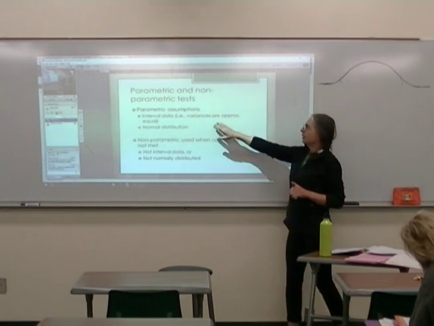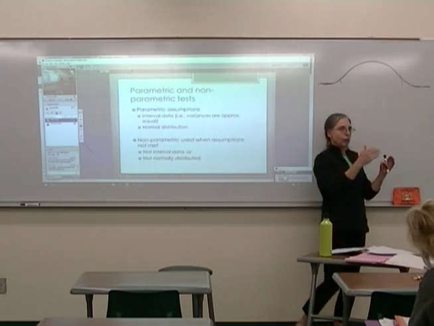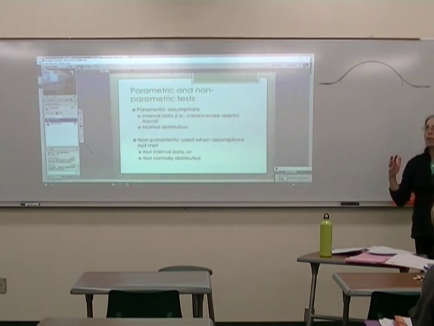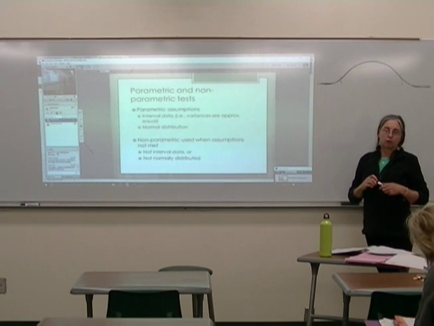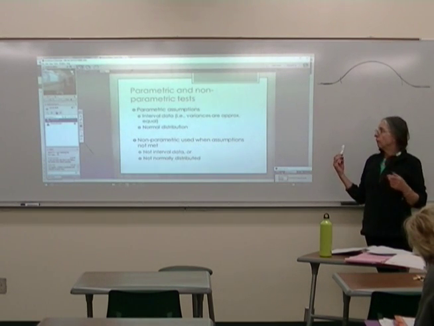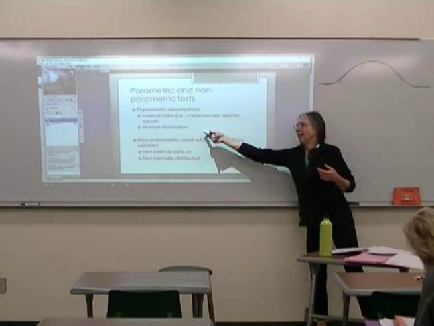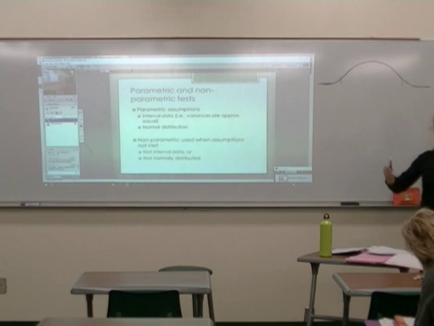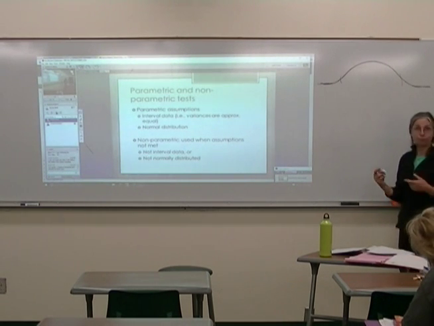One is that the data is interval data, so the variance between each point on the curve is relatively equal. Right? And more to the point, the easier one to understand, I think, is that we've got a normal curve.